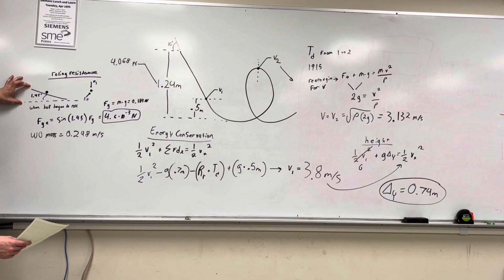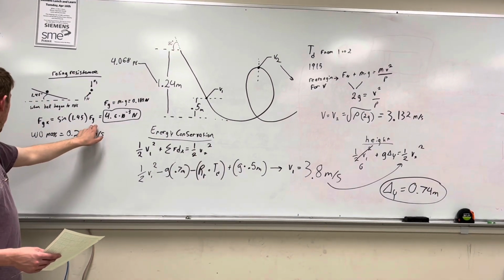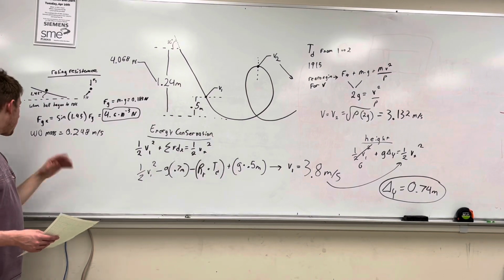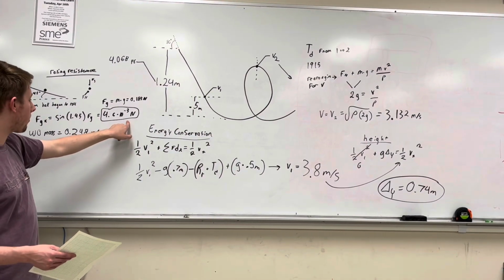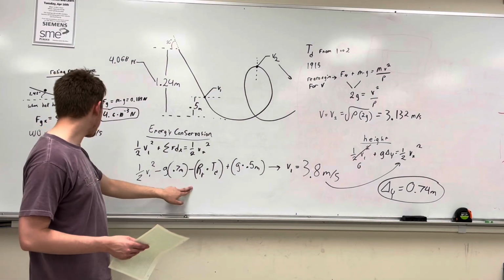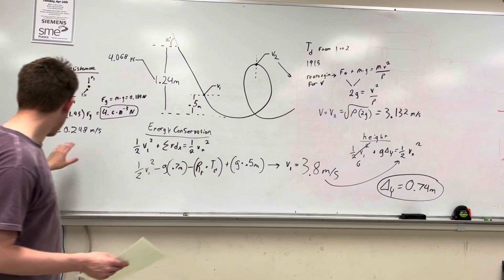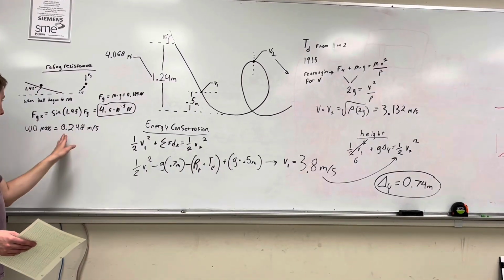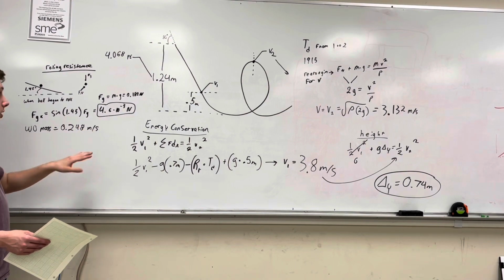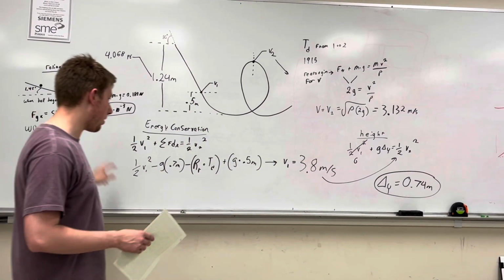So we take that angle, multiply it by the sine, and then you take your force of gravity in the x direction, and you get 4.6 times 10 to the negative third, which is not what we plug into this equation, because in this equation, mass cancels. So I had to take mass out of that, and this is what we plugged into the equation, 0.248 meters per second. I know it's strange to see rolling resistance as a velocity.